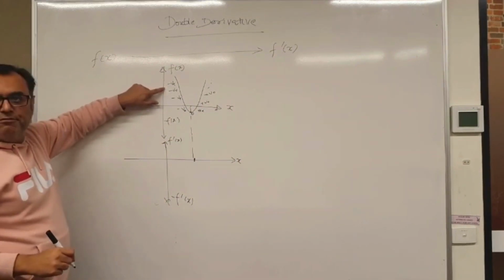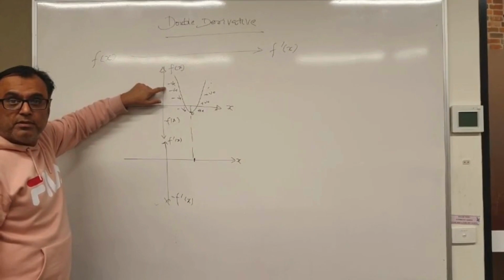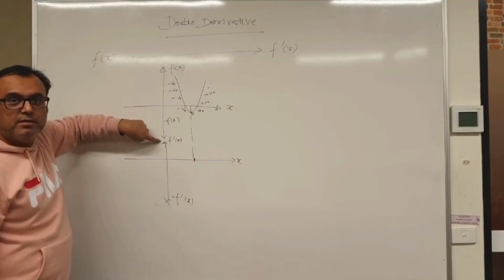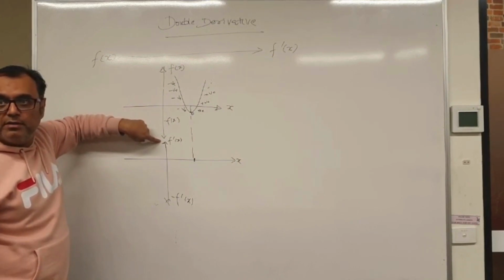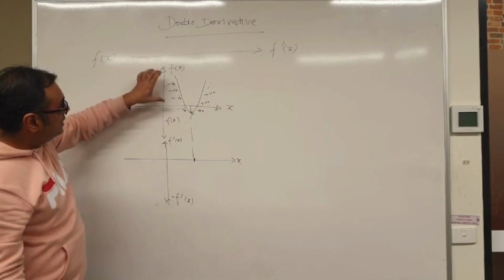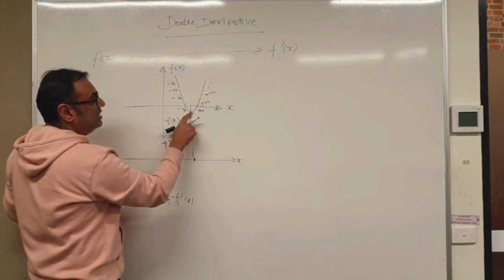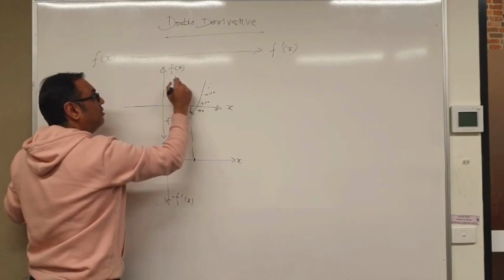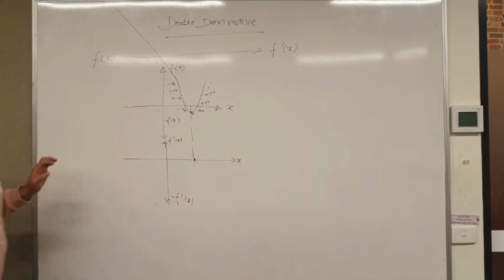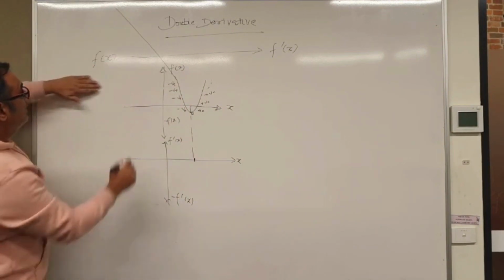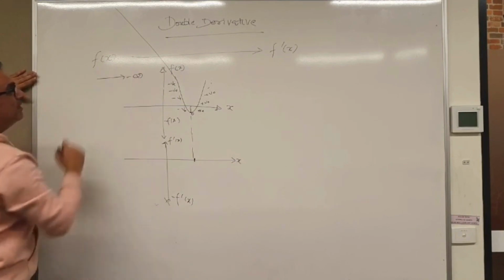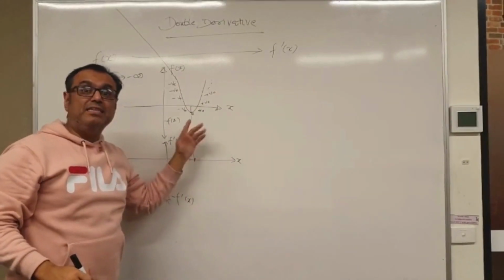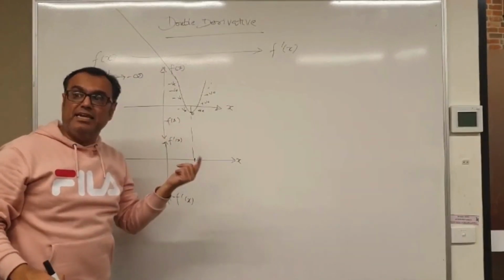What is negative? The slope. What is slope? The derivative is the slope, right? Rate of change. So that means until 0, from the negative side of infinity until 0, the derivative is negative.